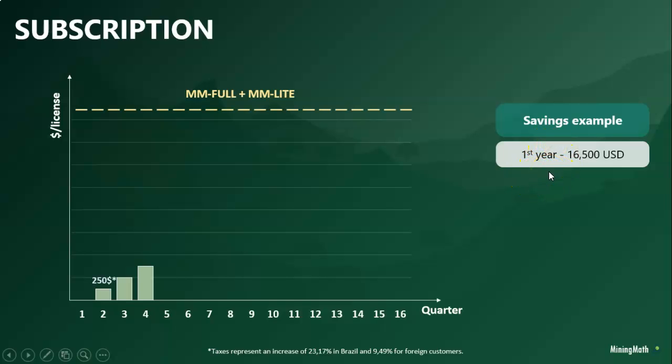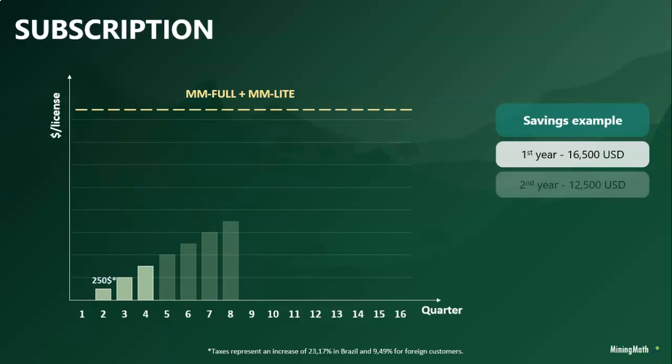For the first year, you will save $16,500 US, and in the second year you will save $12,500 US.